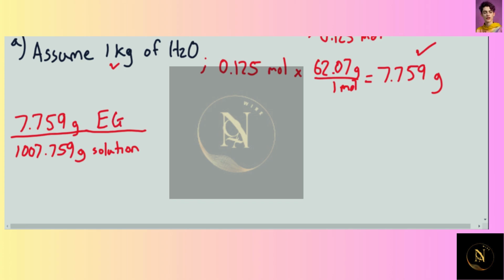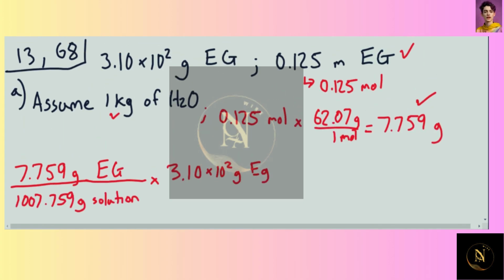Now, if we multiply this ratio times the amount of ethylene glycol that we have to dissolve in the solution, 3.10 times 10 to the 2 grams, then grams of, sorry, the initial value is the grams of solution, not of ethylene glycol.